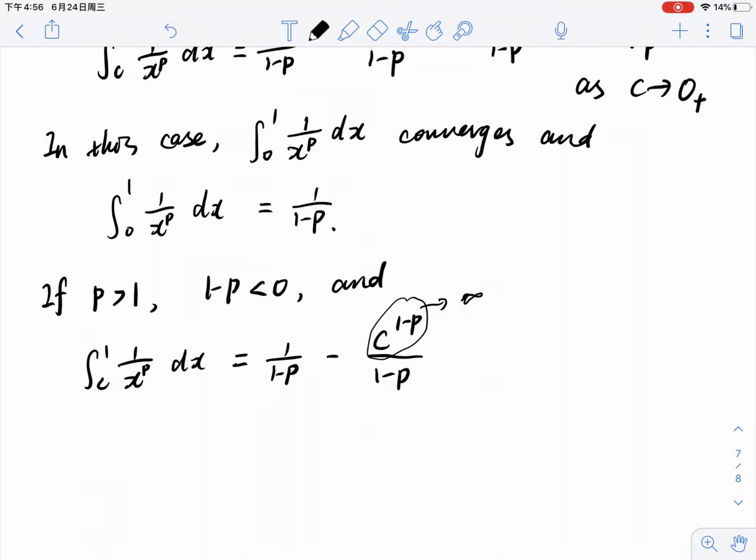This is equal to 1 over 1 minus p plus c to the 1 minus p over p minus 1.